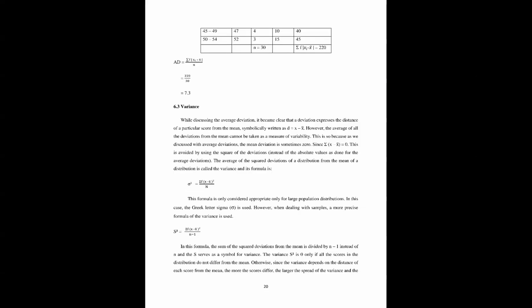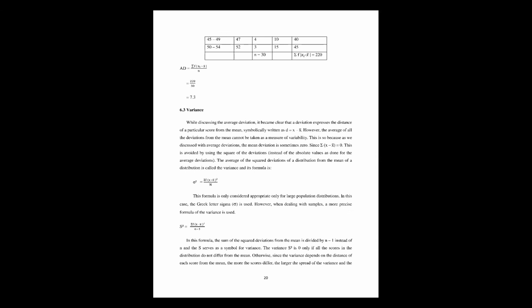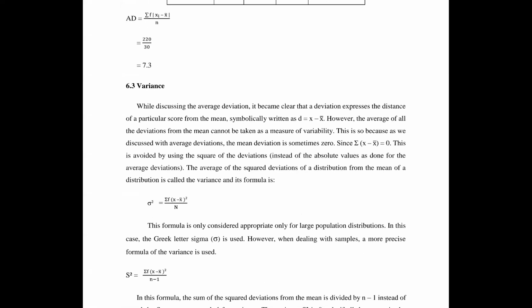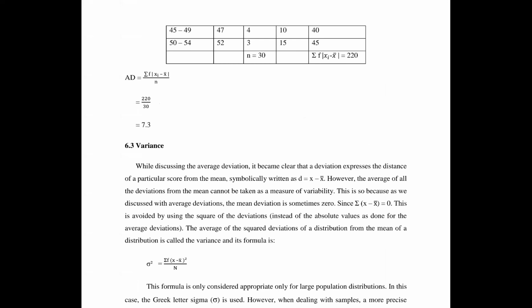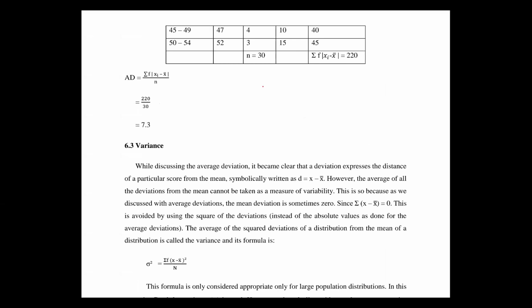So now that you have found this, you can add the deviations, right? Let me just zoom a bit. You can have the summation of the frequency times the absolute of the deviations.